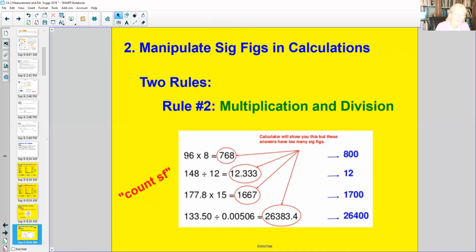Here I have 2 sig figs times a measurement of 1 sig fig. I can't write this number as the answer. Do not even record it on paper. Instead, record the answer to the correct number of sig figs. 1 sig fig. Here at the bottom, you have a 5 sig fig measurement divided by a measurement with only 3 sig figs. So you can write your answer only to 3 sig figs. Not this big detailed answer.